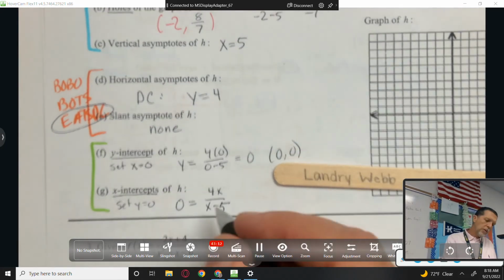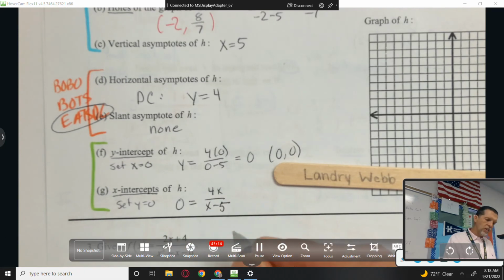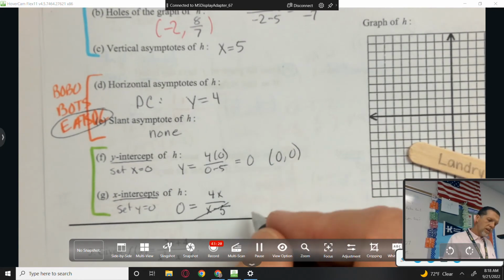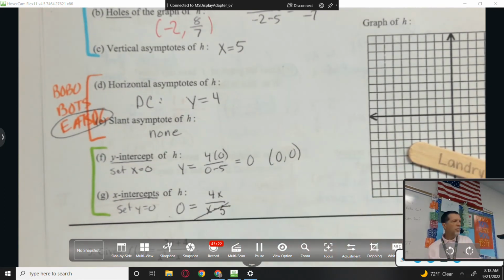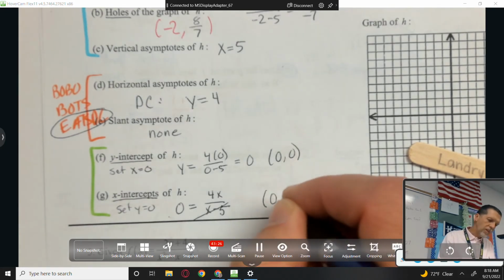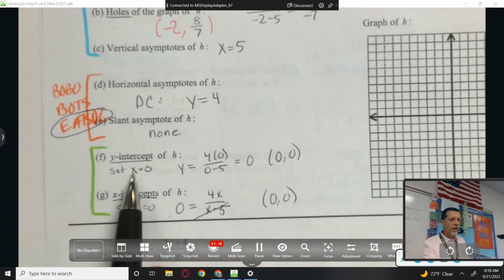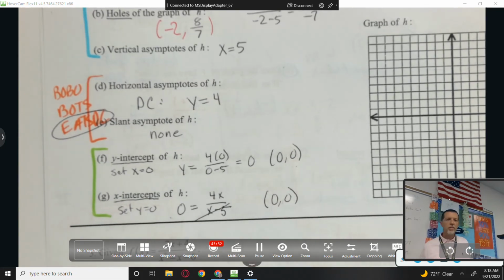So Landry, what makes me get a 0 for an answer here? I could ignore the bottom. And so what value of x makes my answer 0? 0. Well, that makes sense. If y-intercept is 0, 0, the x-intercept is 0, 0.